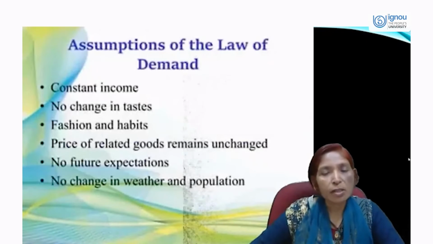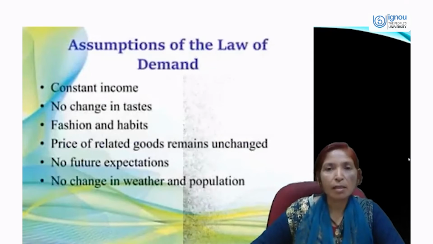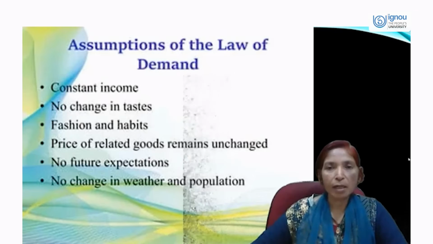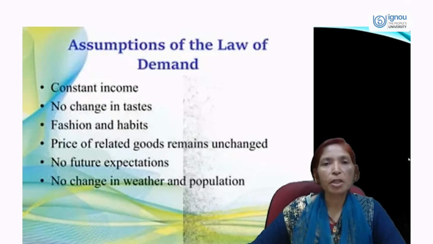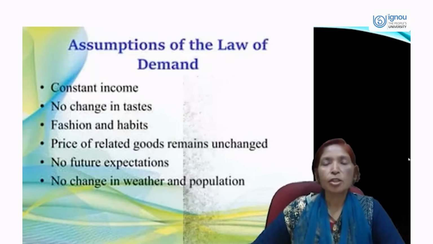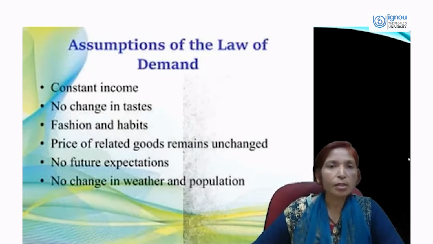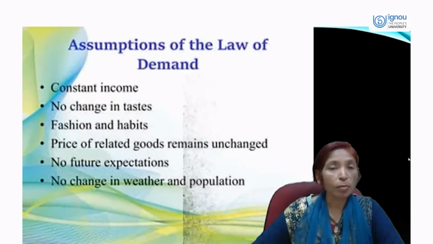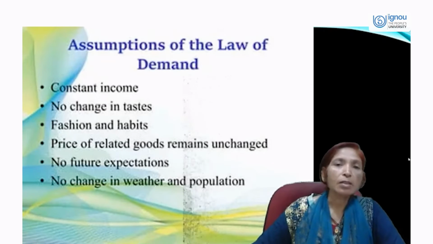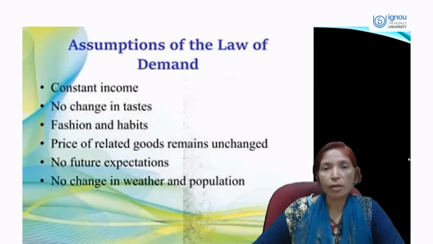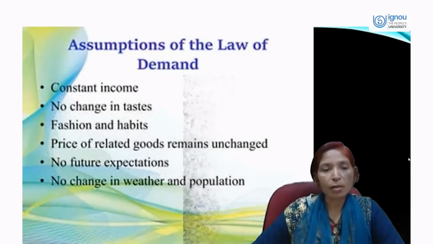Now, what are the assumptions of the law of demand? According to this law of demand, Marshall assumed that the income of the consumer should remain constant. There should be no change in taste and preferences of the consumer. There should be no change in fashions and habits of the consumer. Prices of related goods, like substitutes and complements, should also remain constant.